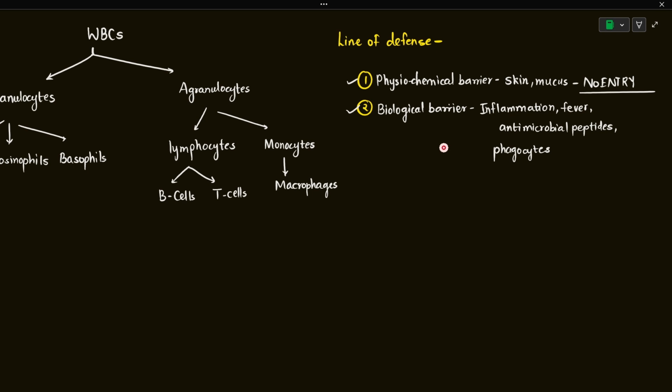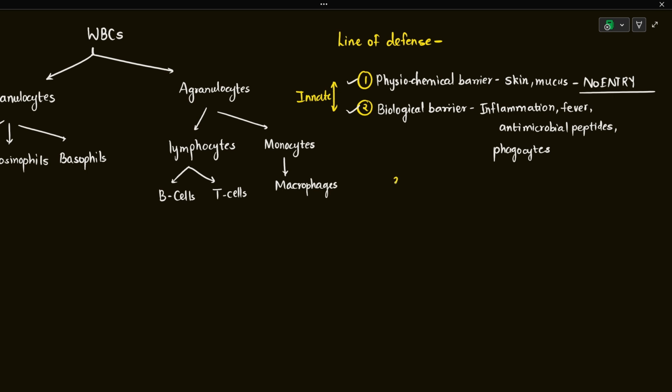In the same way, the physiochemical barrier, which means the first line of defense, and the second line of defense, the biological barriers that we have, both of them are a part of the innate immunity.